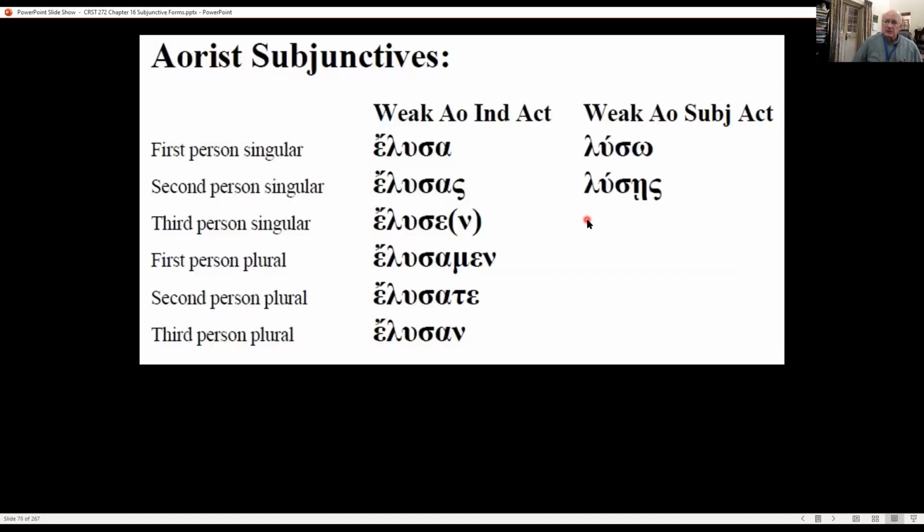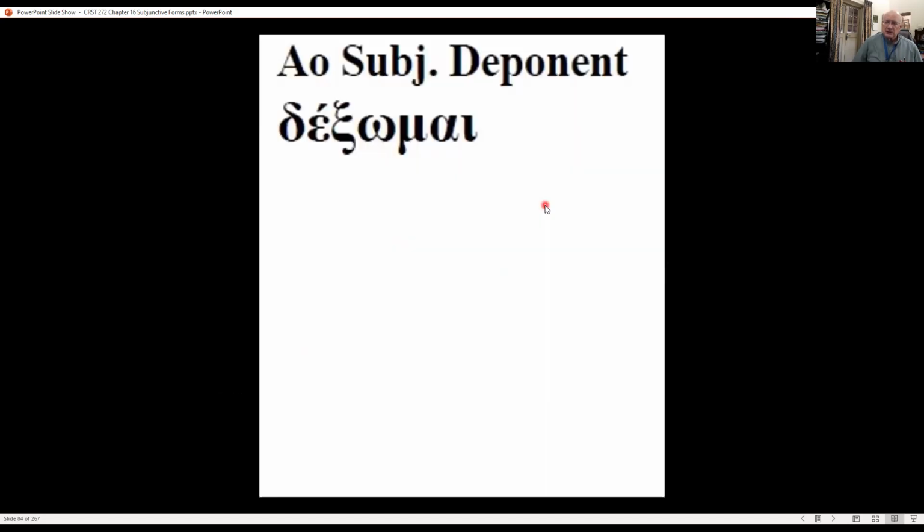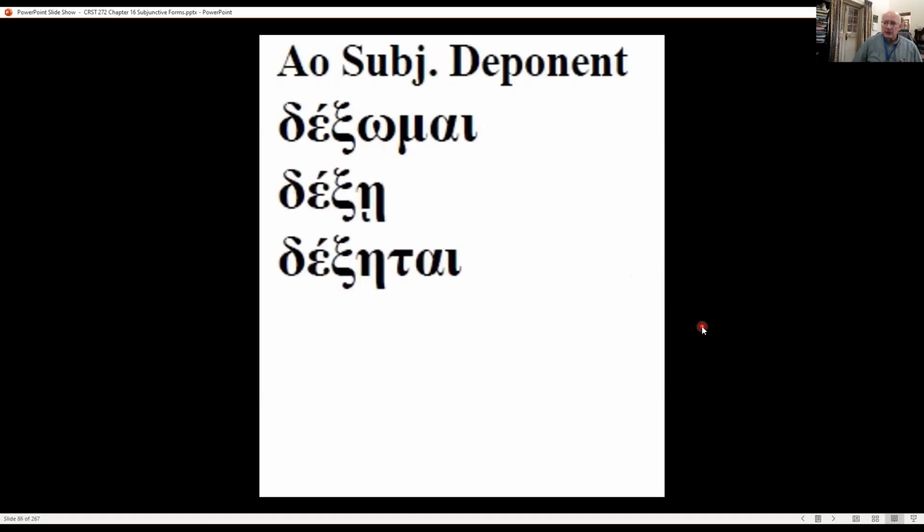And again, the aorist subjunctive endings are without the augment. The endings are the same. The stem is aorist and the augment drops out. Same is true of the deponent verbs like dechomai.